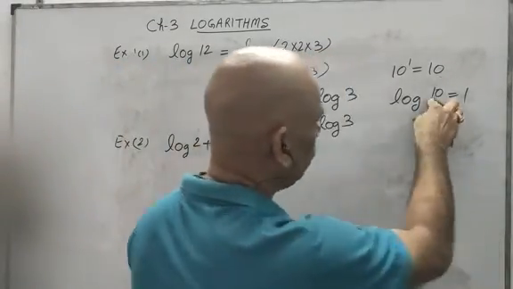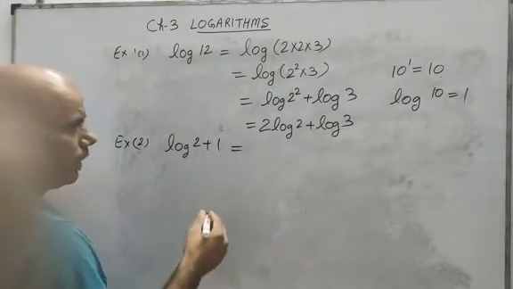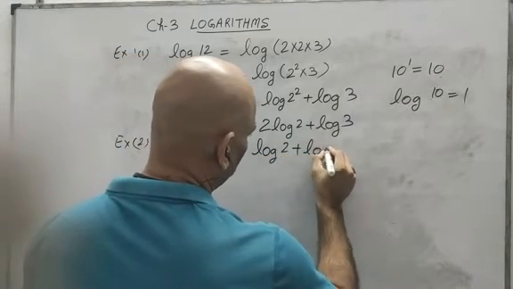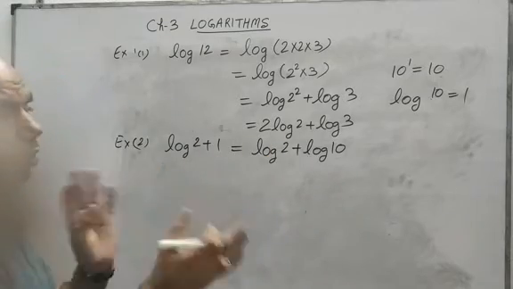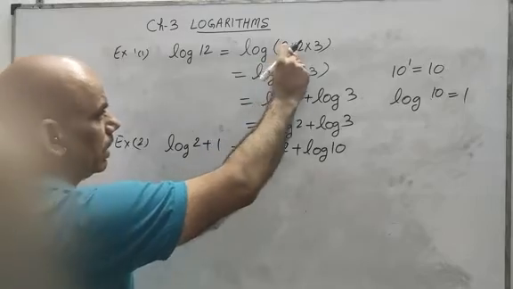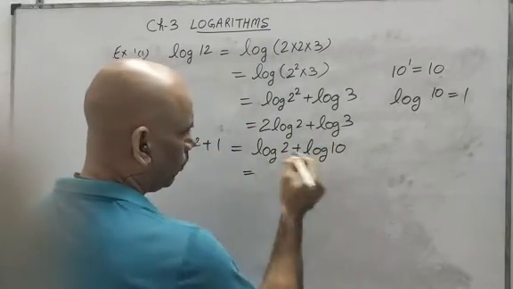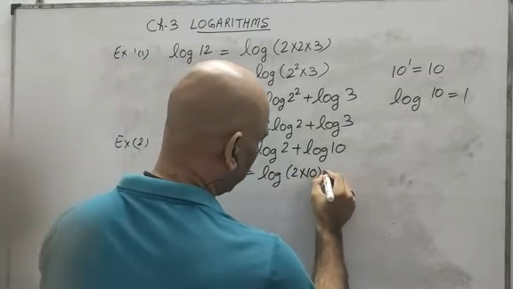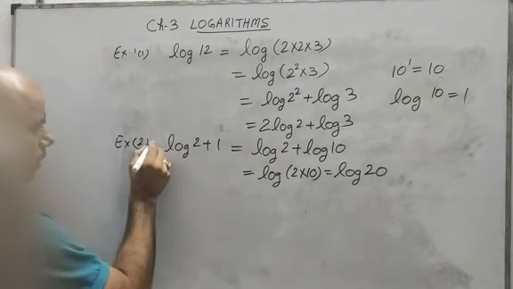It means the value of log 10 will be 1. So in place of 1, I write log 10. So it is log 2 plus log 10. All the laws are reversible: if multiplication can be written as addition, the addition can be written as multiplication. So log 2 into 10, which is log 20. This was the first part.